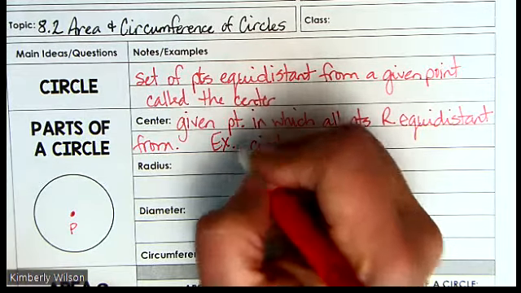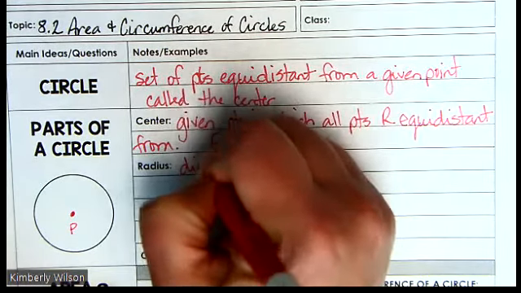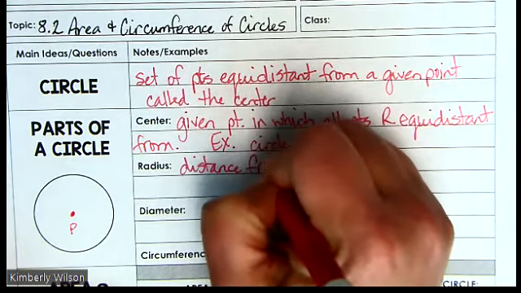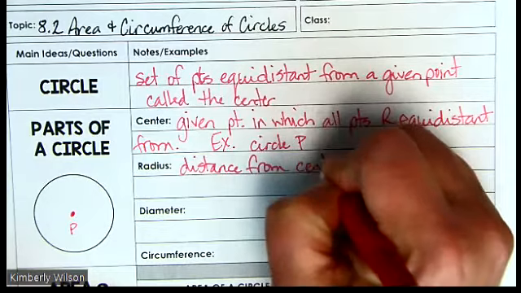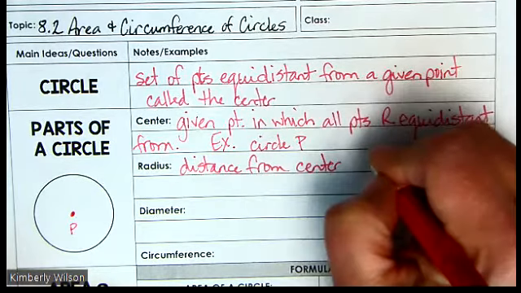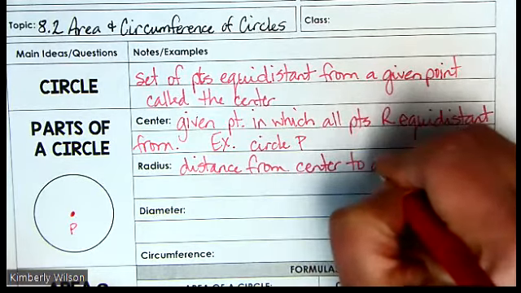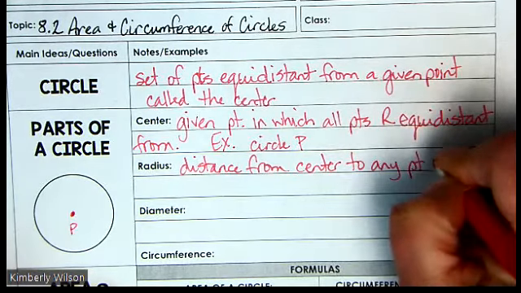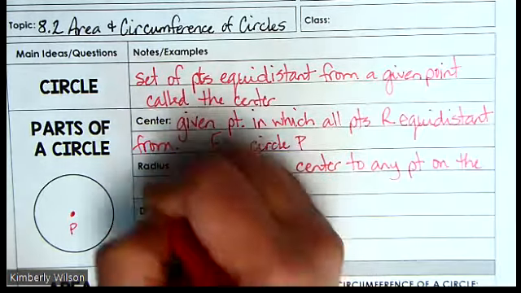The radius is the distance from the center to any point on the circle.